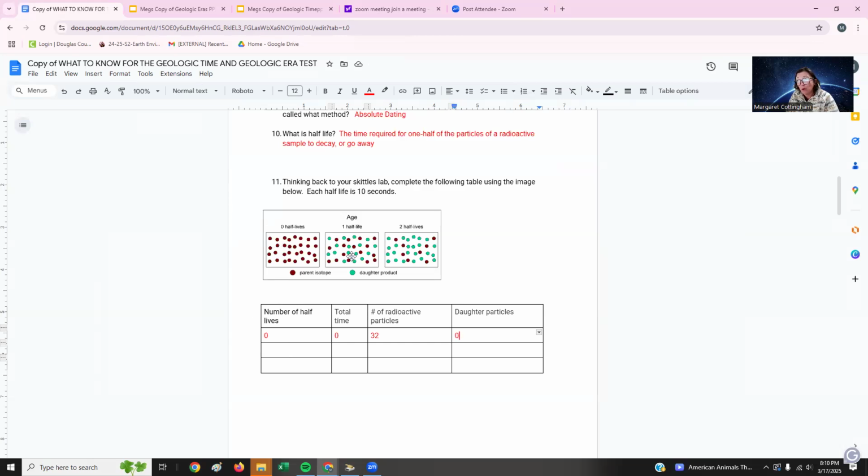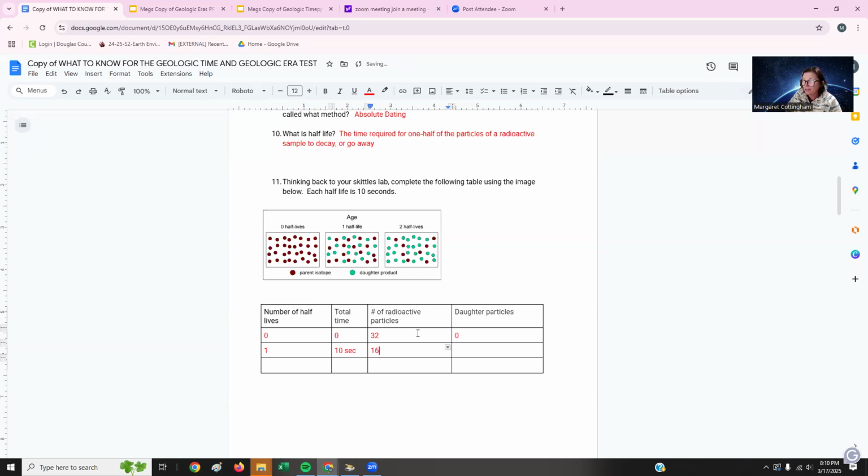Then we go through one half-life, and the total time now is 10 seconds. For the number of radioactive particles, we need to count the red ones. 1, 2, 3, 4, 5, 6, 7, 8, 9, 10, 11, 12, 13, 14.